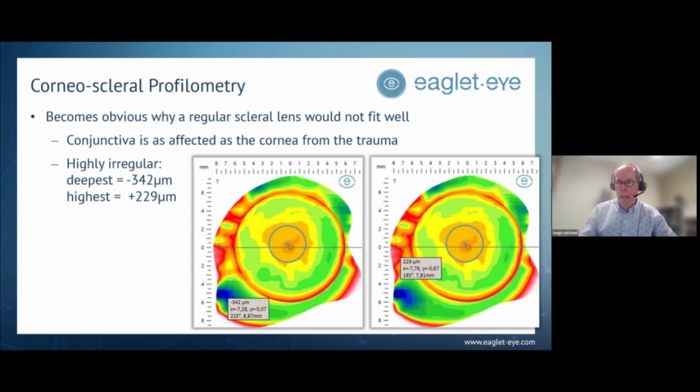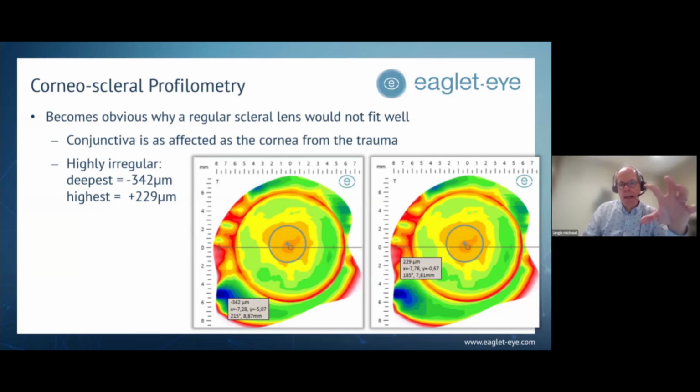So I really thought, okay, we have to go elsewhere, either small gas perm lenses or hybrid lenses or something like that. But especially when I did the scan with the profilometry with that particular patient, I saw why the lens, even if that was a perfect fit, was not really a good option.